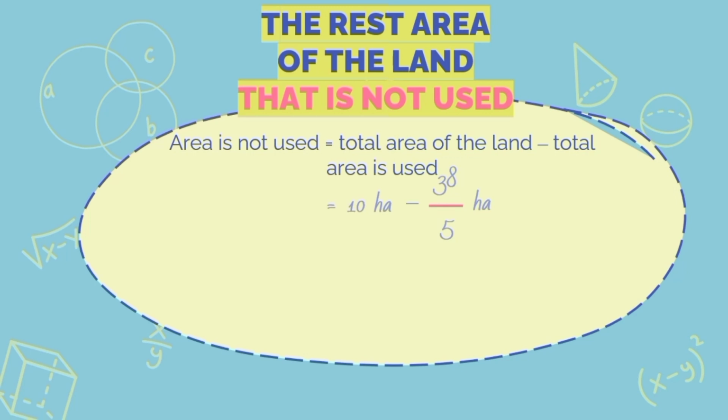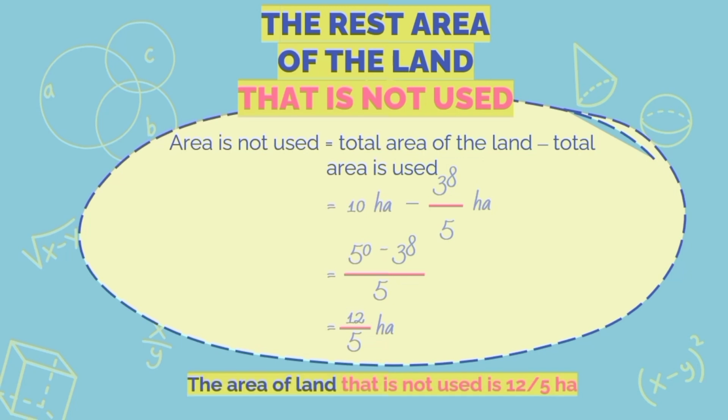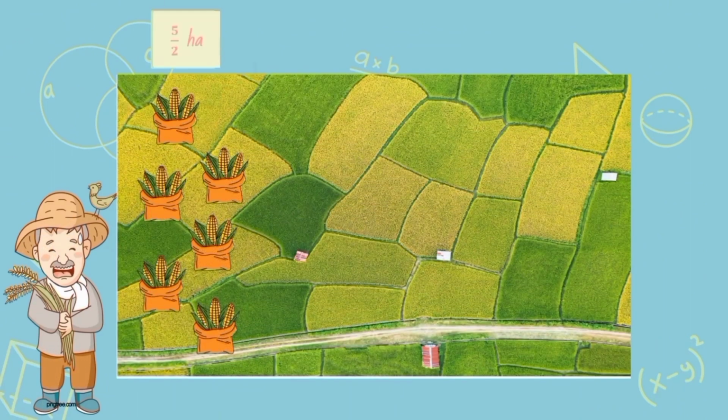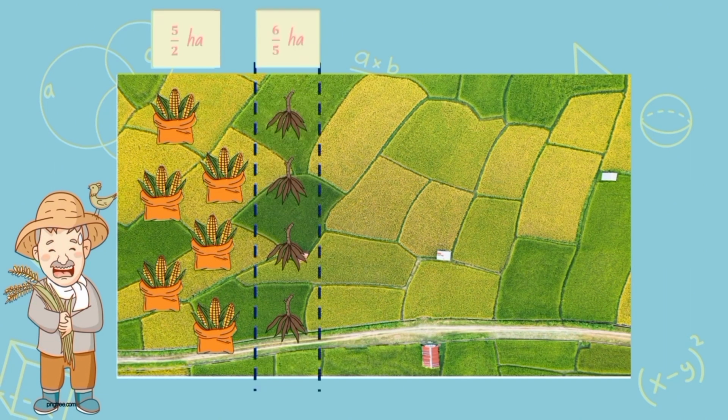As in the addition, by using the second way, we get the subtraction of 50 and 38 over 5, equals 12/5 hectares. So, the area of land that is not used is 12/5 hectares. And here's a broad overview of Grandpa's land.